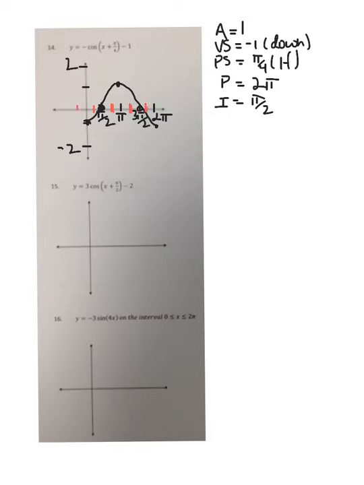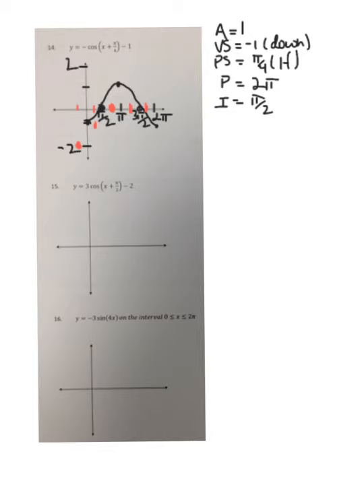So I'm going to scoot to the left pi over 4, and then I'm going down 1. Okay, next point, all the way up here, I'm going to go to the left pi over 4, and then down 1. So right there on the x-axis.